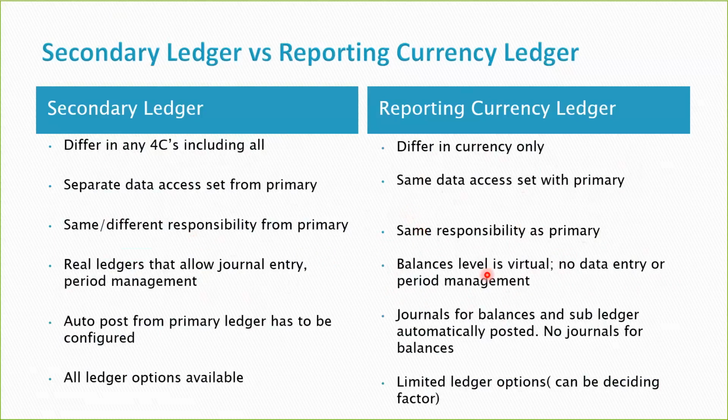Let's move on to the next feature, which is that in a secondary ledger, we have to manually configure the auto post feature, so that when journals are created in the primary ledger and replicated to the secondary ledger, if we want them to be automatically posted, it's something that we have to manually configure.